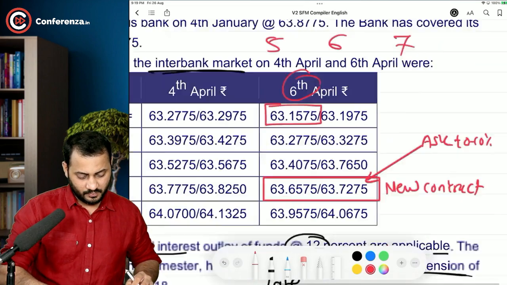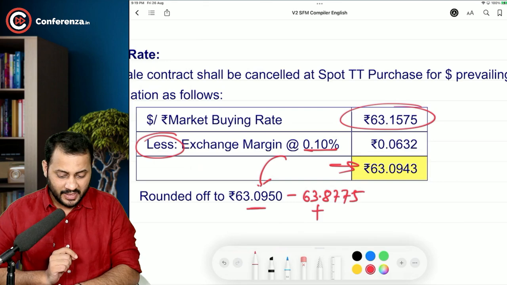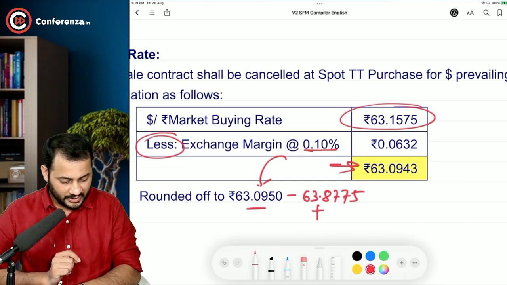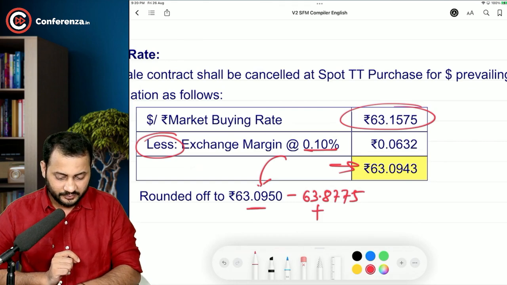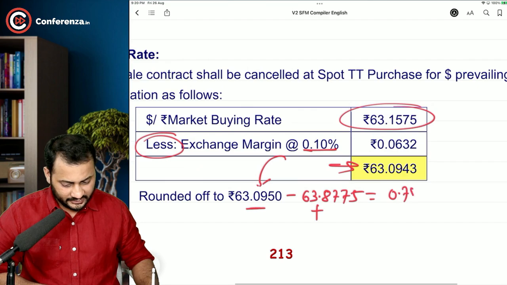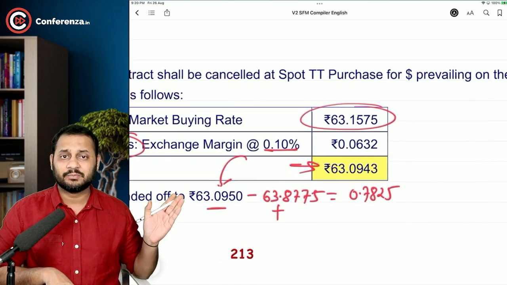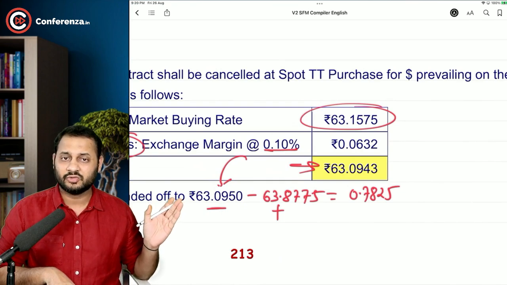Yes. So you can see, because of the cancellation, the bank is at profit. That means the customer will be at loss because of the cancellation, that too 0.7825. Don't think that the bank has made a profit due to cancellation. No, sir.